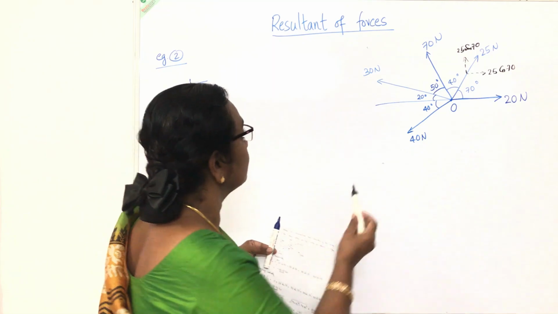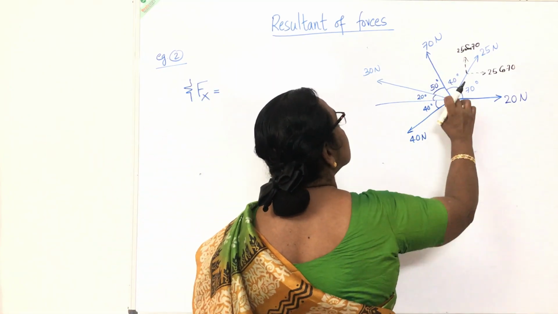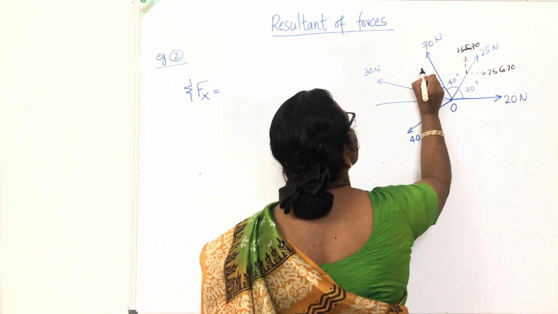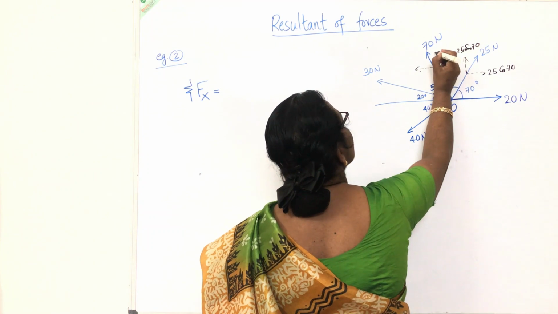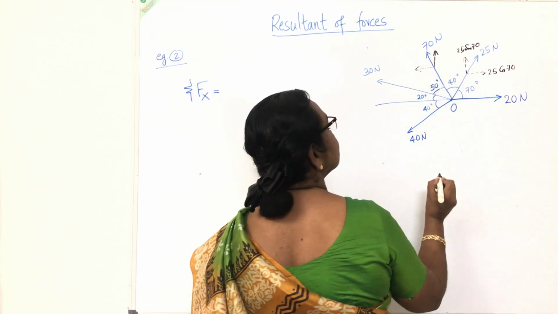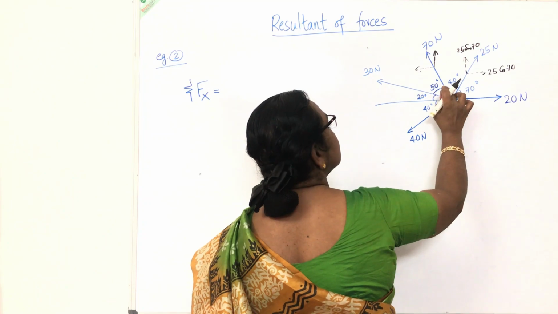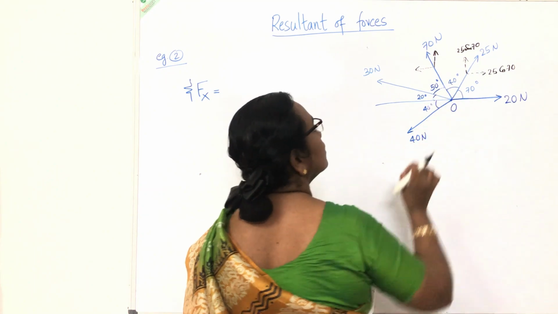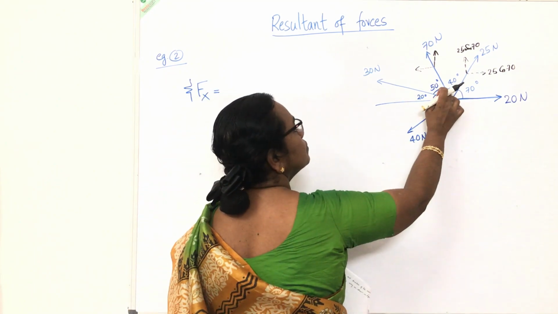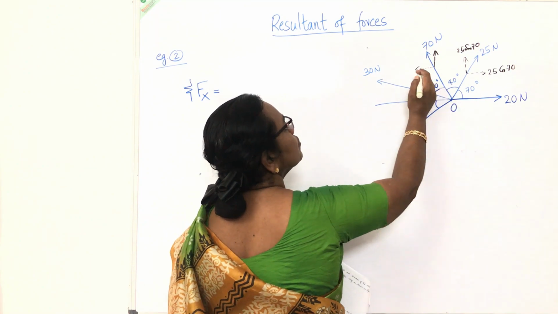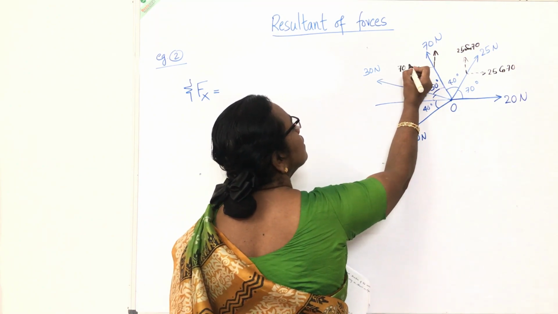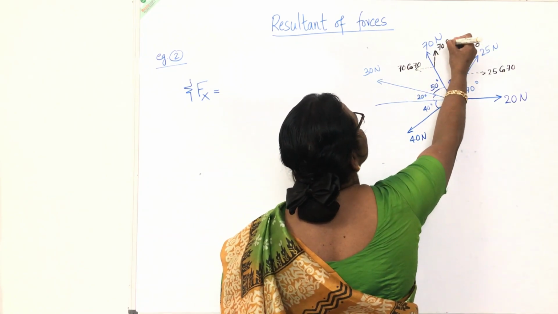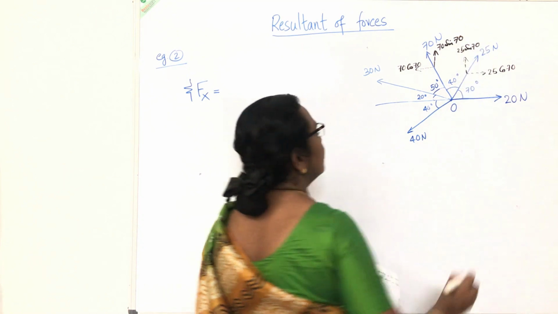There is only one component along the x-axis. Another, the second force, is 70 Newton. This is away from the joint, so its components will be outward. The angle which it makes with the horizontal is 50 plus 20, 70. So this is going to be 70 cos 70, and this is going to be 70 sin 70.